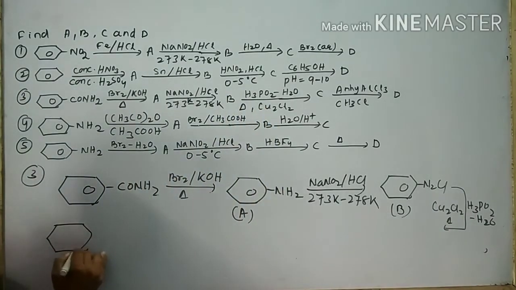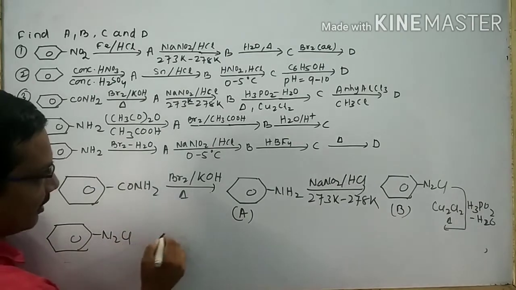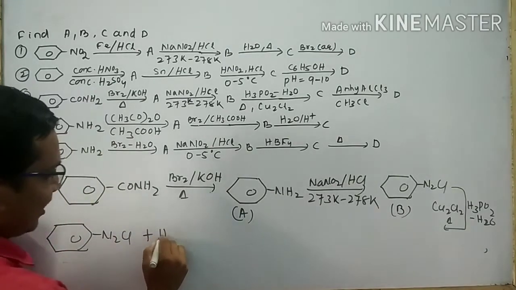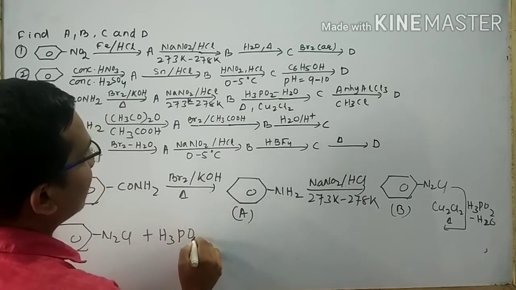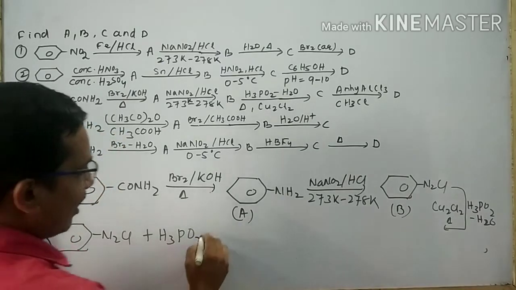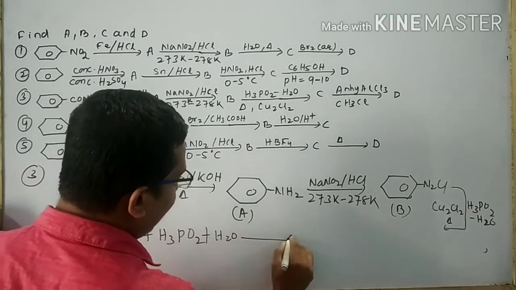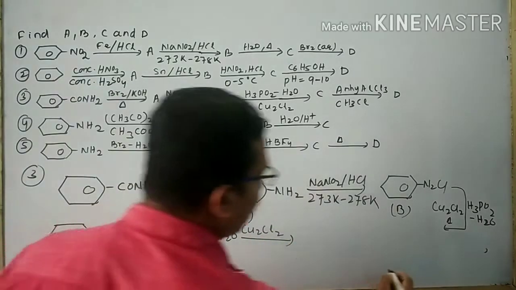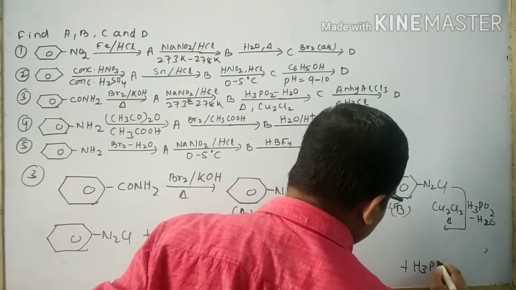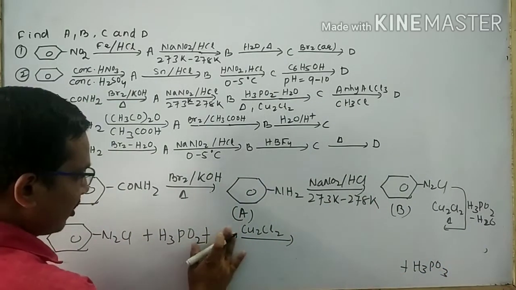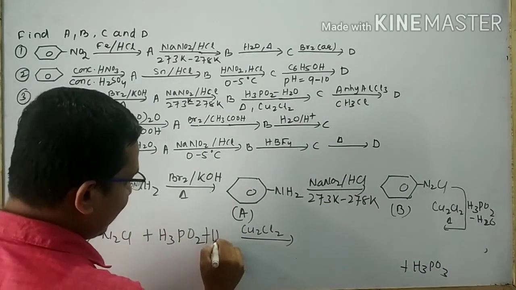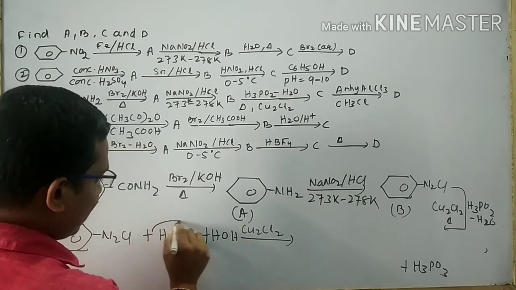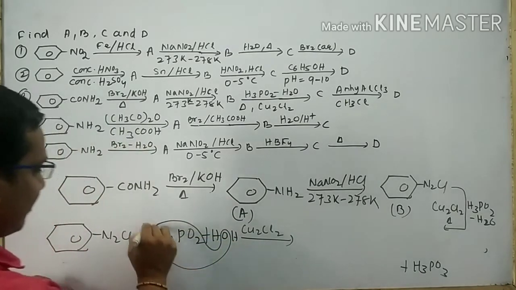This is your BDC and it is treated with H3PO2 and water in the presence of Cu2Cl2. There is a formation of a byproduct, H3PO3. You can write the structure of water like this, HOH. Your H3PO3 will be formed like this.